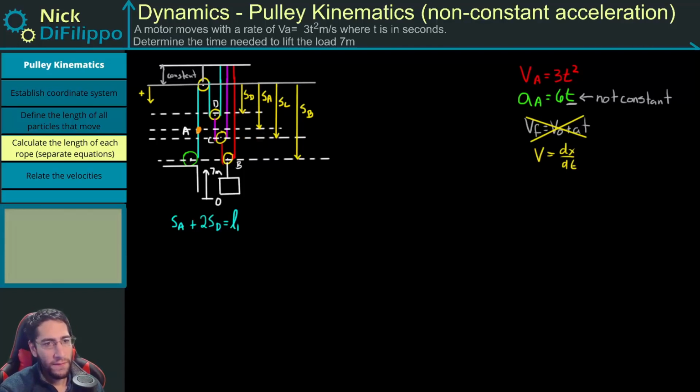So I'll have SC minus SD plus this length. This length in here is going to be a length of SC. So plus SC, and this is going to be some length L2. I can put these together. This will be 2SC minus SD is equal to L2.